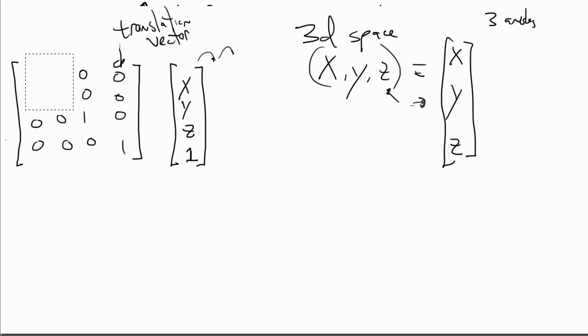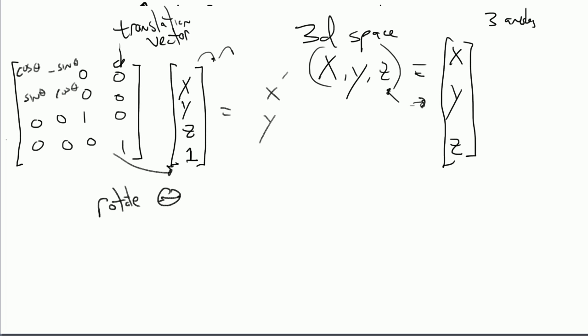And if I want to rotate the points by this angle theta, what I do is put in here the cosine of theta, minus the sine of theta, the sine of theta, and the cosine of theta, and I multiply this matrix times that vector, and I will get the new points x prime, y prime, z prime, and always 1 there.